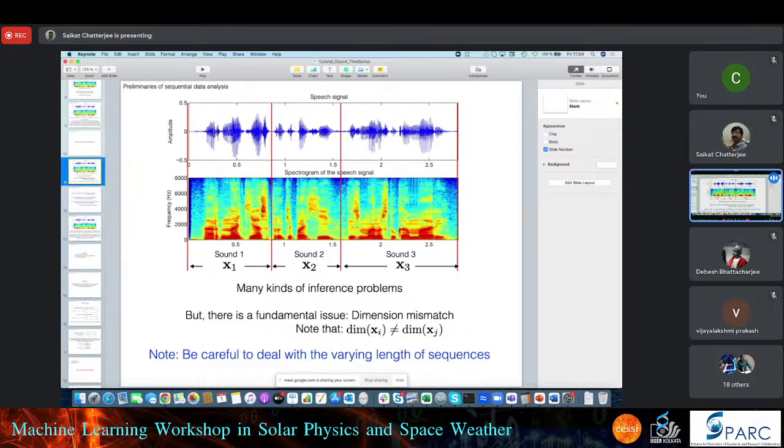So here I am showing you second order statistics of the signal, but for other kinds of signal you may have other kinds of parameters. The bottom line, in a nutshell, is that some parameters of the signal are changing with respect to your visible coordinate. Here the visible coordinate is time.